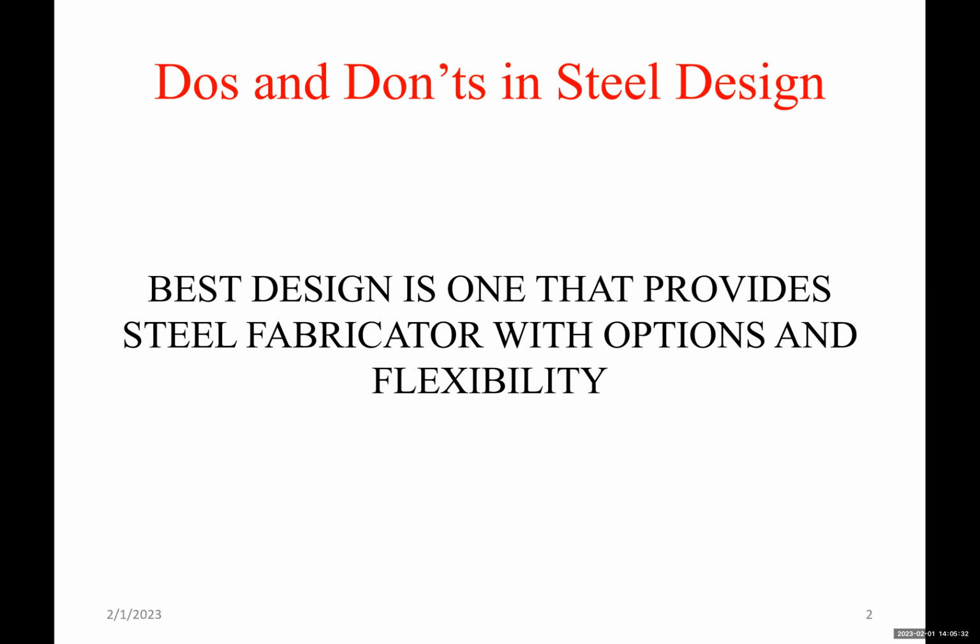For example, if we have a job that has HSS members, hollow structural sections, typically those are more expensive, let's say. So whether the use would help the job or not, or can we have other options instead of those. So this is one important thing.